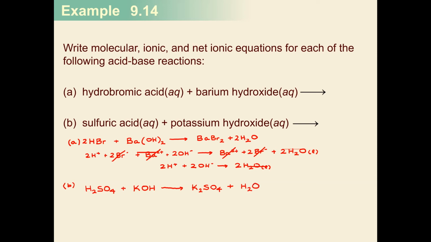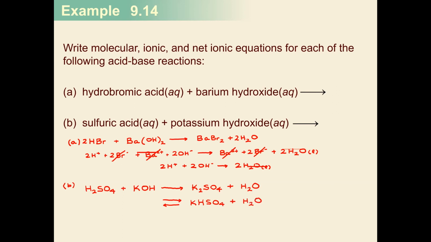What happens in this case is that my potassium hydroxide was only really able to rip off one of my hydrogens. So a better product in this case is going to be our dynamic equilibrium, and we would actually get KHSO4 and only 1 water.